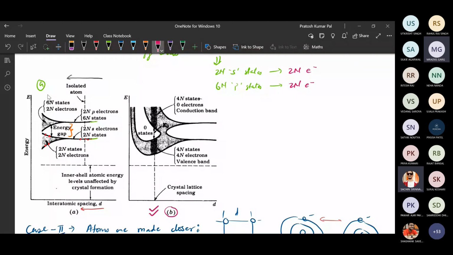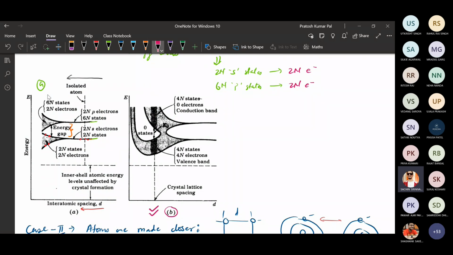As we reduce the interatomic distance, the energy levels will spread into discrete levels. These discrete levels will be considered as a band. So this will be one band, and this is another band.